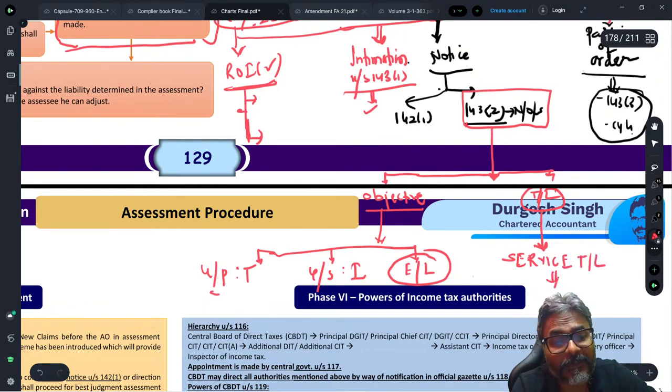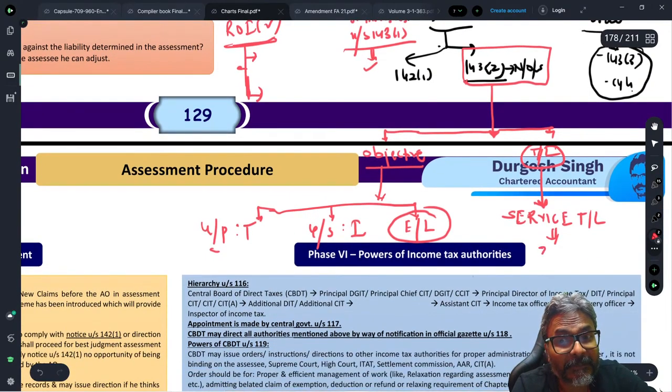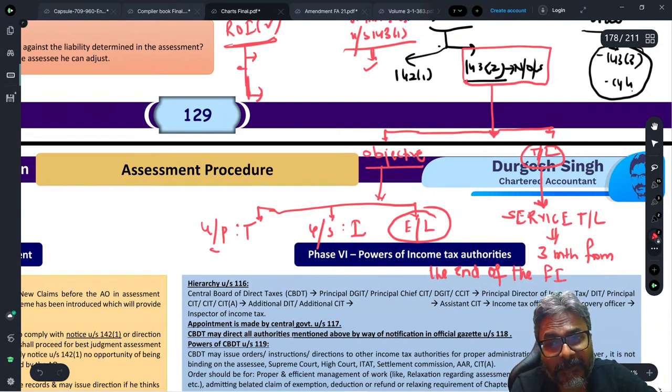And the service time limit, students, is now 3 months from the end of the financial year in which the ROI is filed.